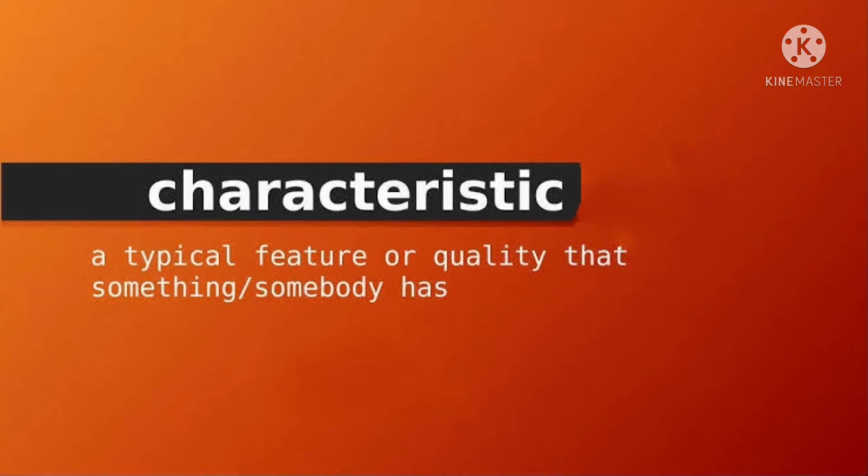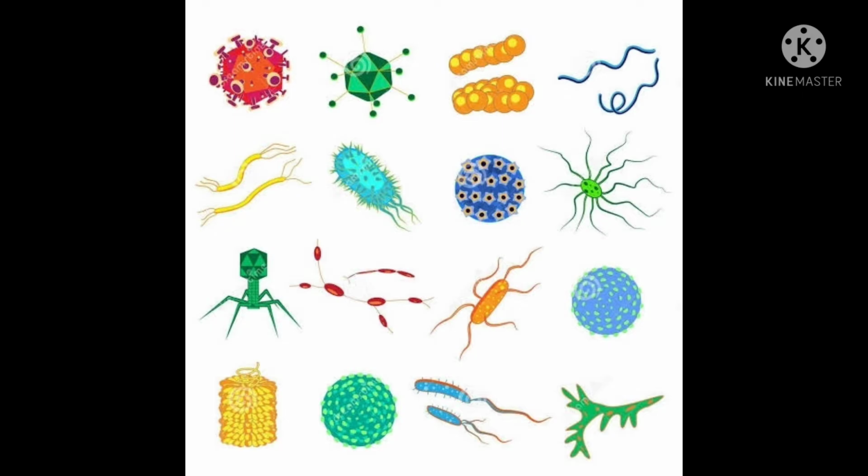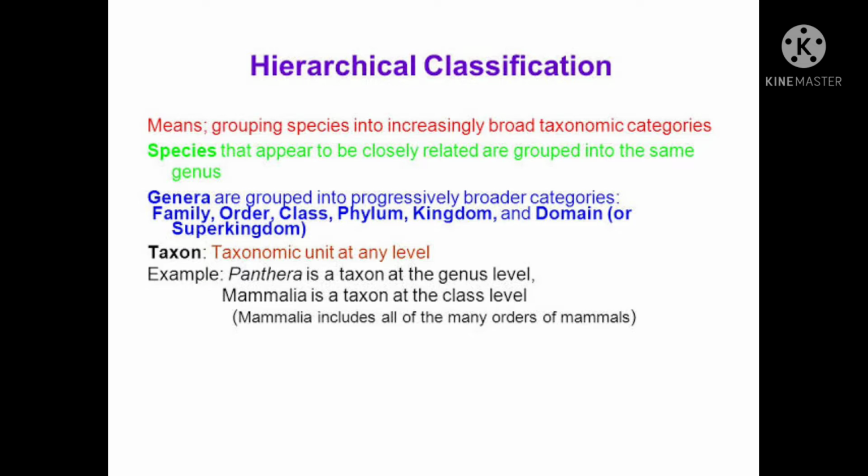We therefore need to decide which characteristics to use as the basis for making the broadest division. Then we will have to pick the next set of characteristics for making subgroups within these divisions. This process of classification within each group can then continue using new characteristics each time.